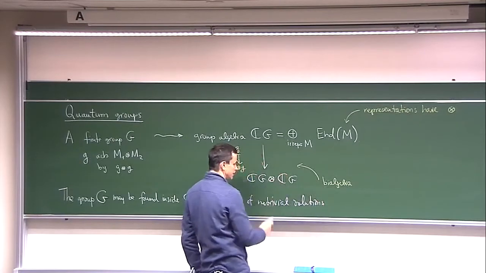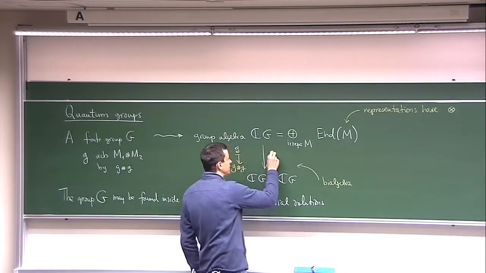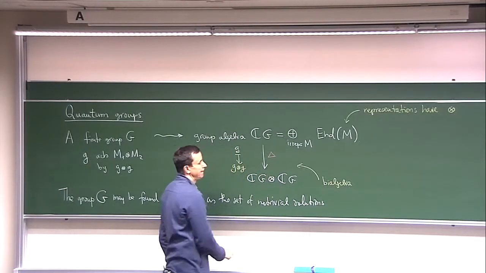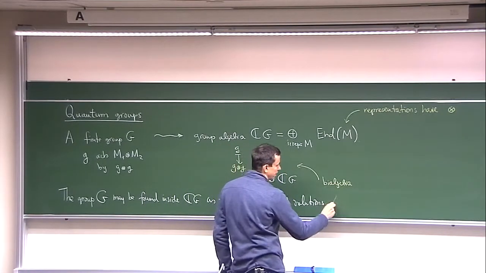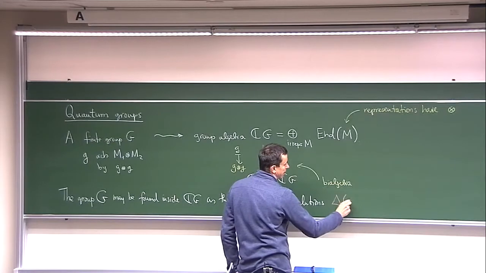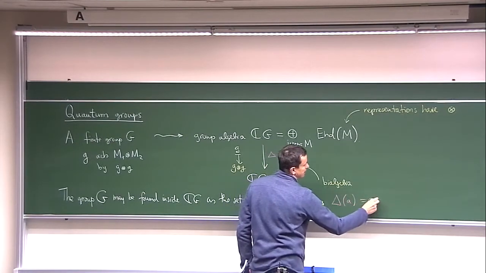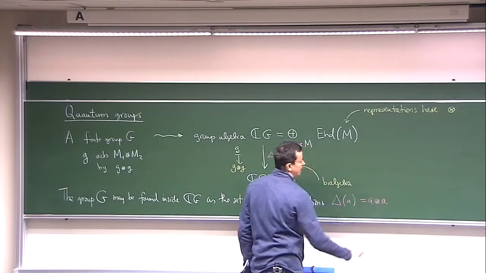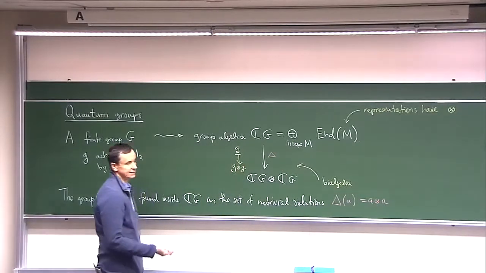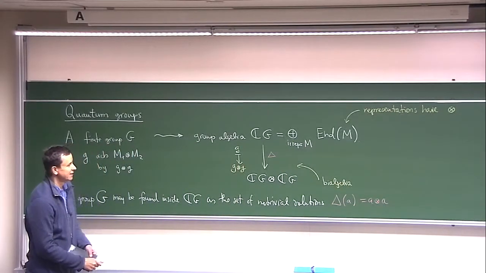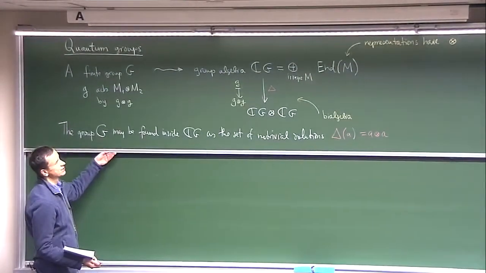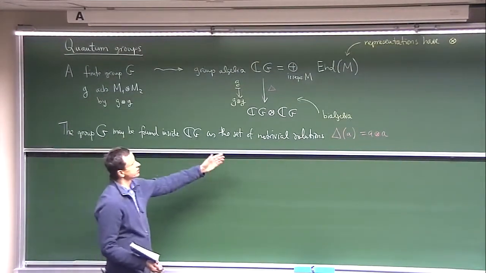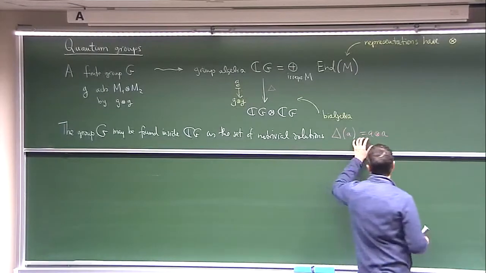This map is co-multiplication, usually denoted with delta. If you solve the equation delta of a equals a tensor a, there's a zero solution, but the only non-trivial solutions are just group elements. A solution of such an equation in a bialgebra is called a group-like element.